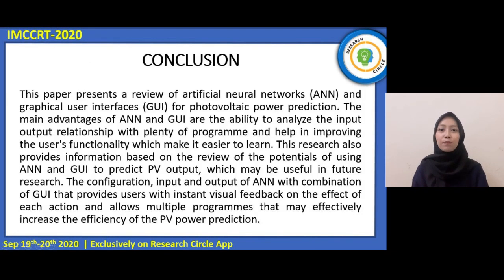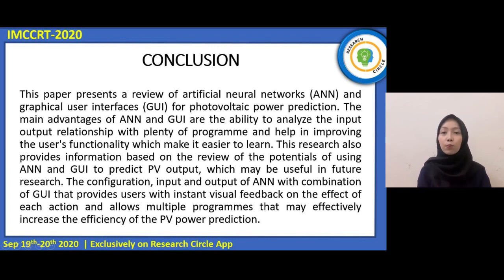In conclusion, this paper presents a review of artificial neural network, ANN, and graphical user interfaces (GUI) for photovoltaic power prediction. The main advantages of ANN and GUI are the ability to analyze the input-output relationship with plenty of programs and help in improving the user's functionality, which makes it easier to learn.